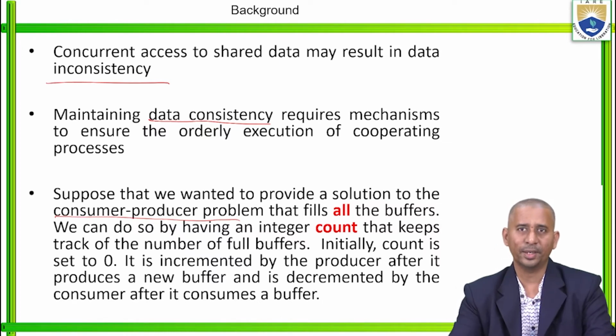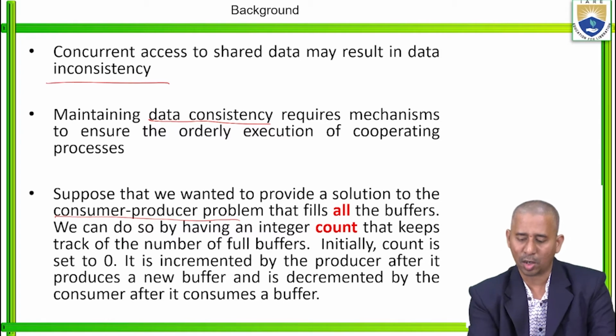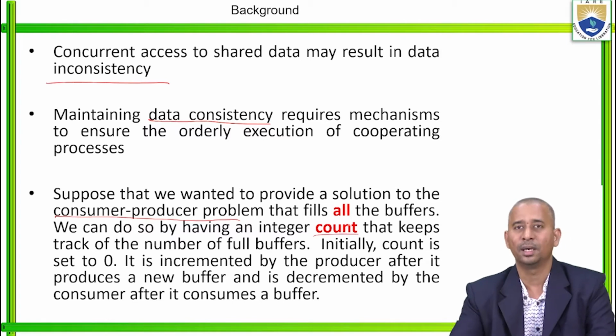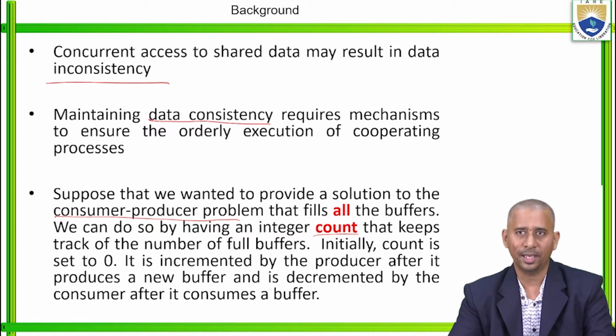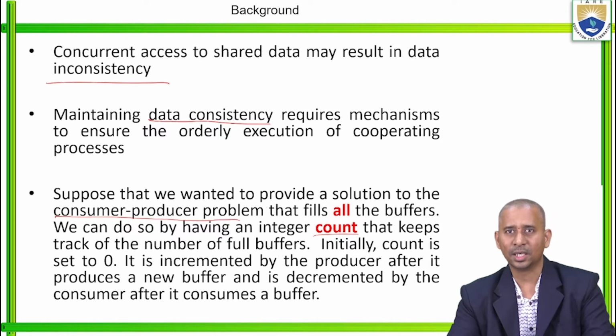We can do so by having an integer count. Both the consumer and the producer consume and produce the items. The integer count keeps track of the number of full buffers.